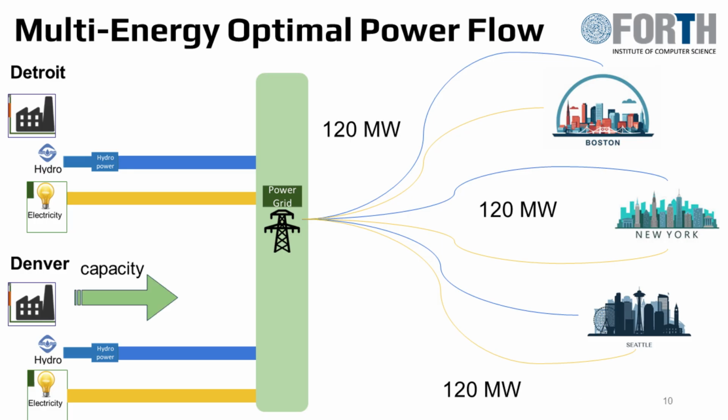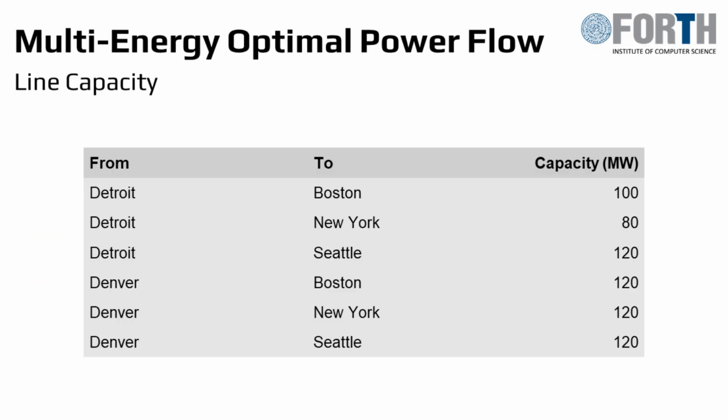This slide mirrors the previous one, but now for the second supply node, Denver. Just like Detroit, there is a limited line capacity from Denver to any demand node. So structurally, this adds another supply constraint to the model. This slide summarizes the transmission limits in tabular form. For each pair from and to, we specify the maximum allowable power flow.